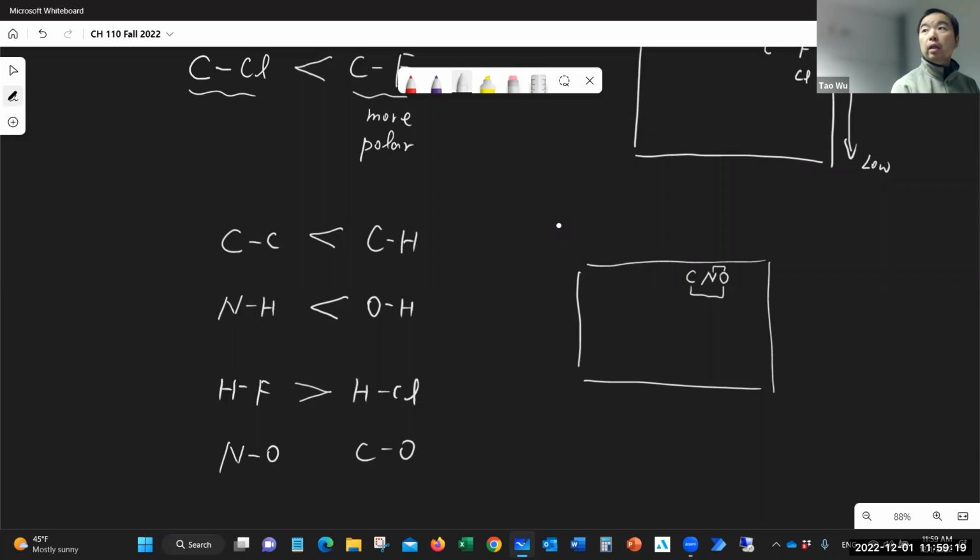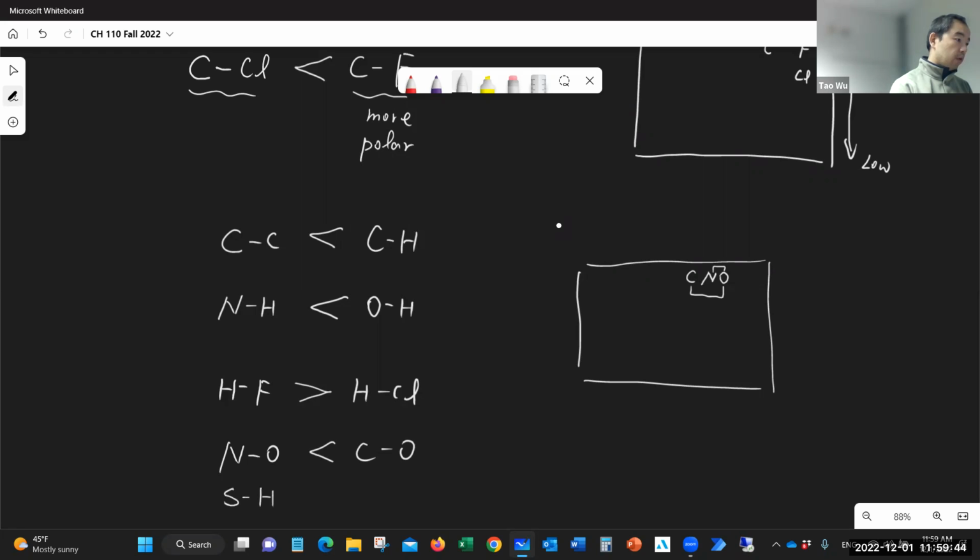That makes sense, right? So carbon-oxygen is more polar than nitrogen-oxygen, because nitrogen and oxygen are closer. Make sense? So this one should be stronger than that. Now go ahead and work on the rest of these.